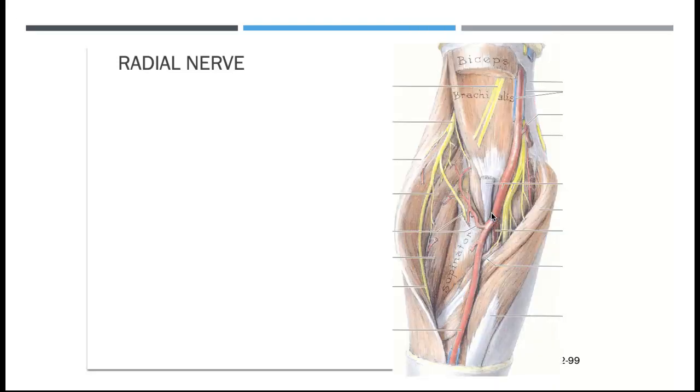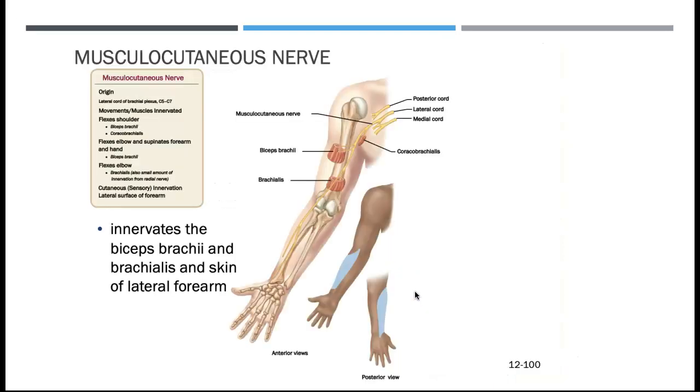And just to show you what it does once it gets down to the elbow region, we will see that radial nerve then bifurcate into a deep branch, which is going and supplying this deep muscle of the forearm called the supinator. And we also have a superficial branch that we could find lying deep to this muscle here, which is the brachioradialis muscle.